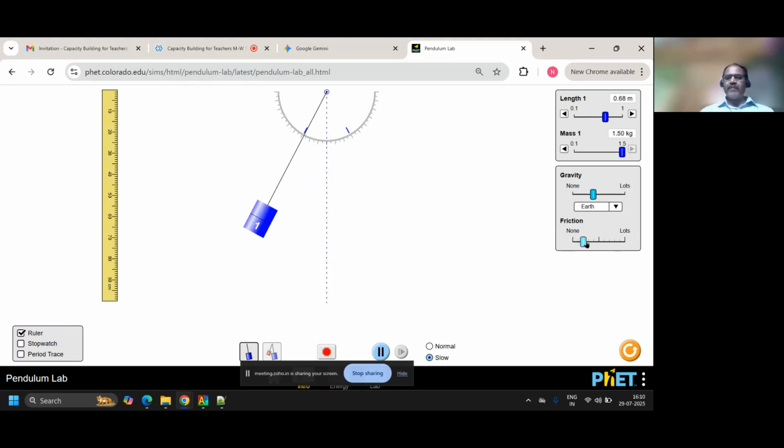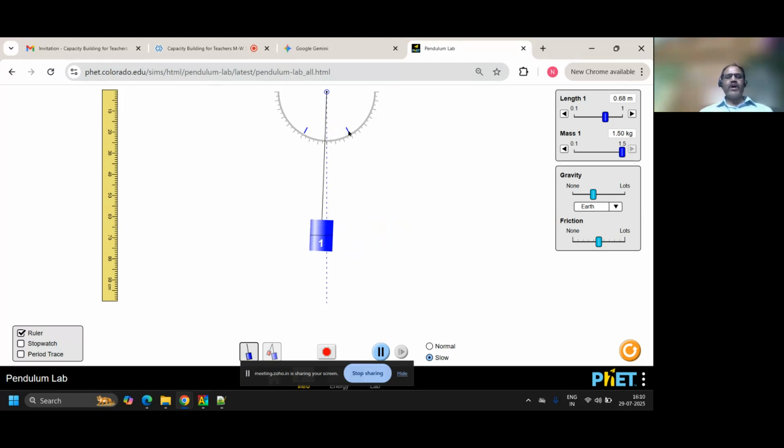Now I am increasing the friction. The friction may happen because of air, and here it will start slowing down. Keep watching. See, now it may not reach the leftmost point it was originally at, right? Now it has slowed down a little bit.